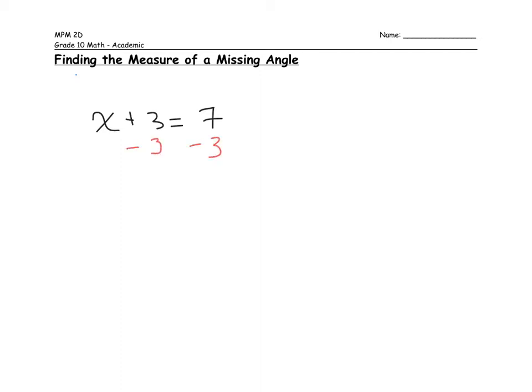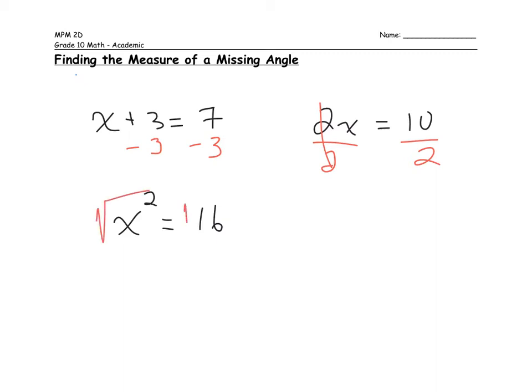And if I had a multiplication like 2x equals 10, I would undo that multiplication by dividing out the 2. And lastly, if I had something like x squared equals 16, how would I undo the squared to isolate my x? Well, I would take the square root.